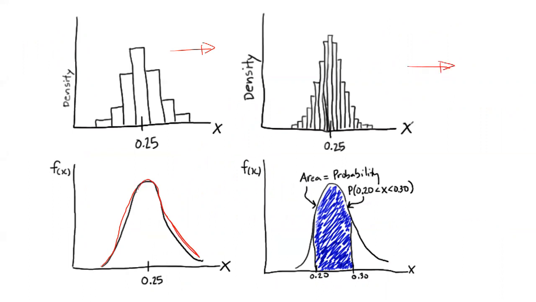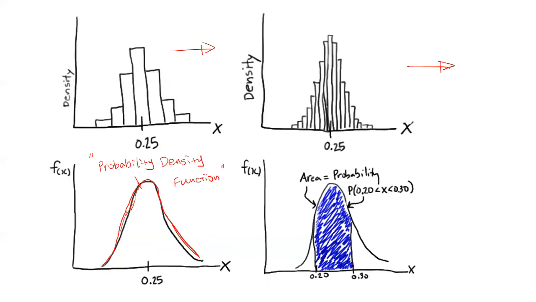And actually, this function is called the probability density function. For a continuous random variable, we use the probability density function to describe its probability distribution.